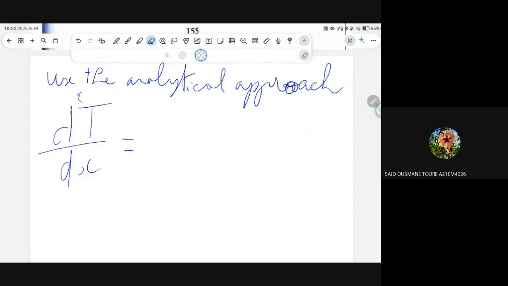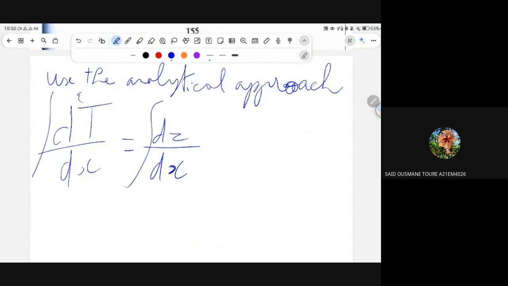This secondary derivative equals dz over dx. Therefore, if you integrate both, you have dt over dx equals z. Is it clear, guys?